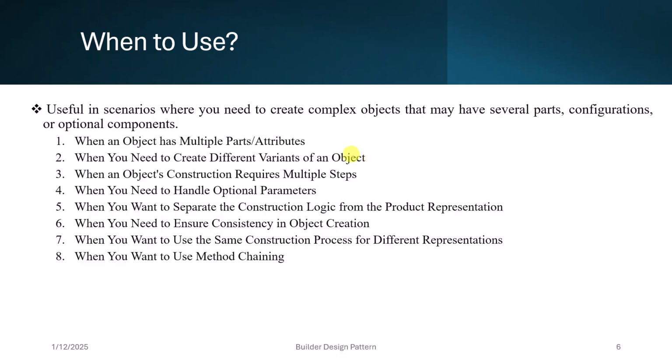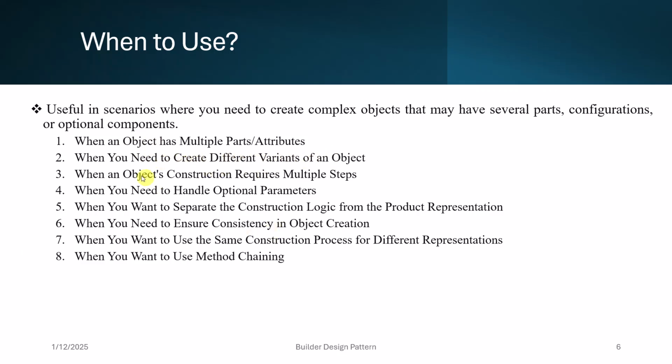One example is a car object, which can be built for different purposes, like a sports car, family car, or electric car, where the configuration like engine type, color, and seats vary, but the structure remains the same. This comes under the case when you need to create different variants of an object.